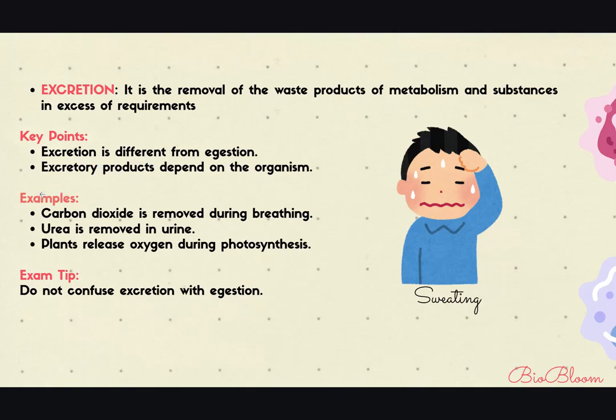Common examples include carbon dioxide that is removed during breathing. Remember, carbon dioxide is a metabolic waste product. Second, urea. Urea is found in urine, and we also excrete this from our body because it is toxic to our body.